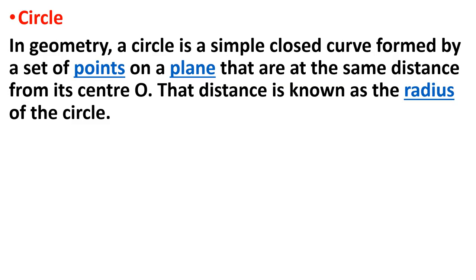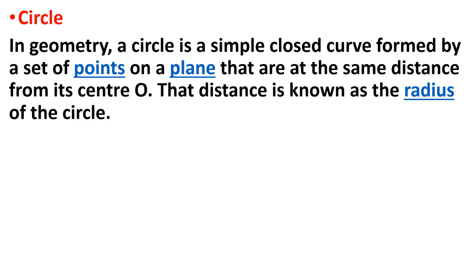Uncountable points on a plane that are at the same distance. These all points are at the same distance from its center O. Whatever is the center of a circle, suppose its center is O, all these points are equidistant from the center O. I am repeating its definition.